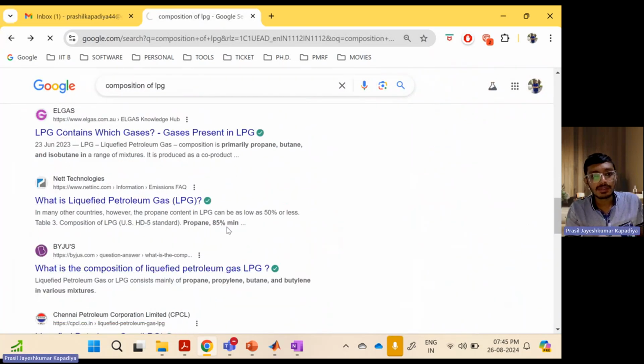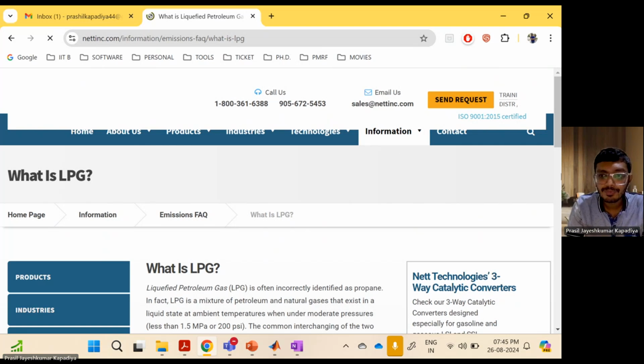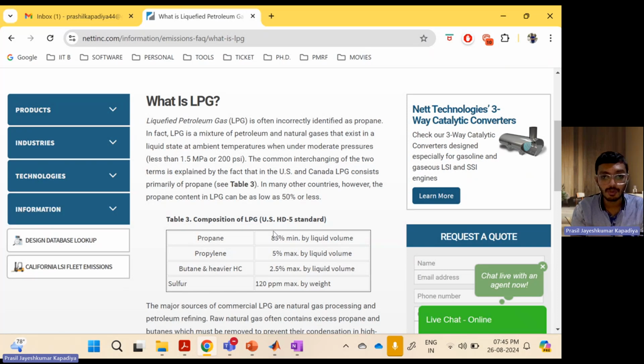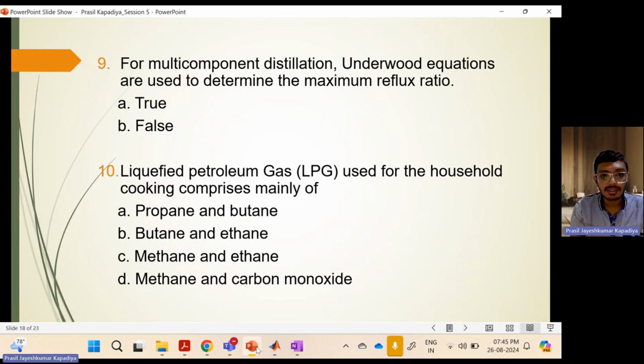Okay, 85% minimum. See, 85% minimum propane by volume. Maximum is propane, and then the rest are others. So our answer is propane and butane.